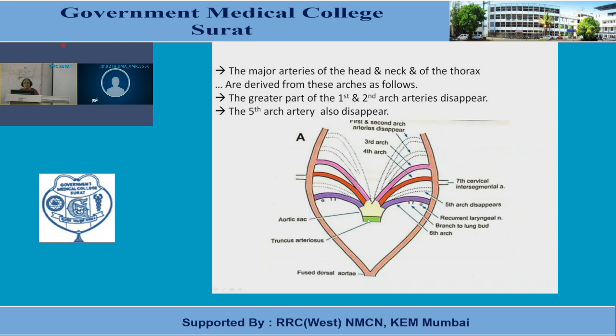Here is the truncus arteriosus. Now the aorta on the lateral side, opposite to the fourth aortic arch, gives rise to the seventh cervical intersegmental artery. We'll go into detail about this later on. So the arches that disappear are the first, second, and fifth, as shown in the diagram.